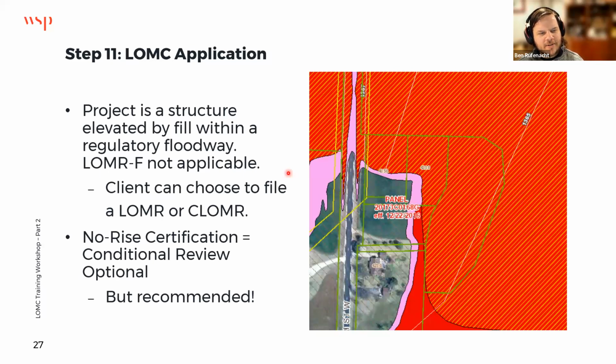So we know we need to go straight to a LOMR or CLOMR. Of course, I'm always going to suggest doing a CLOMR. FEMA will always suggest doing a CLOMR before a LOMR, but it is not a requirement.